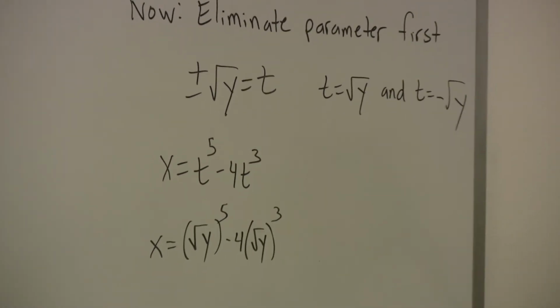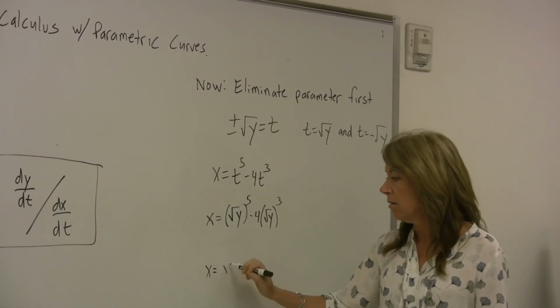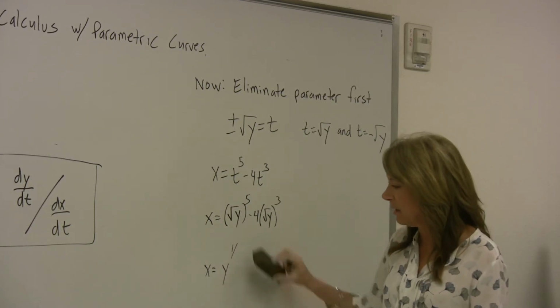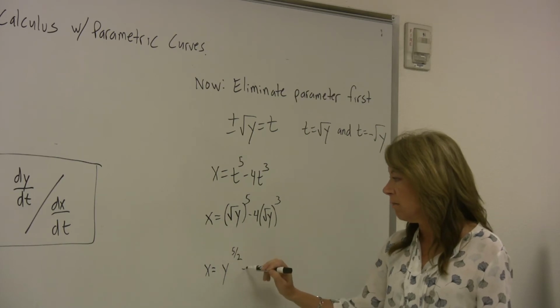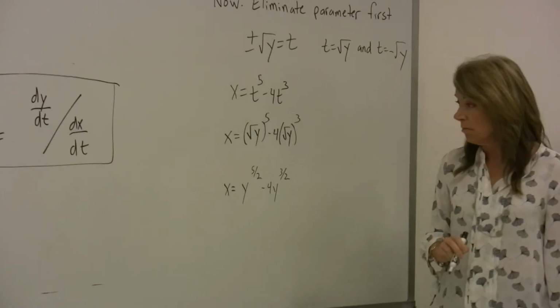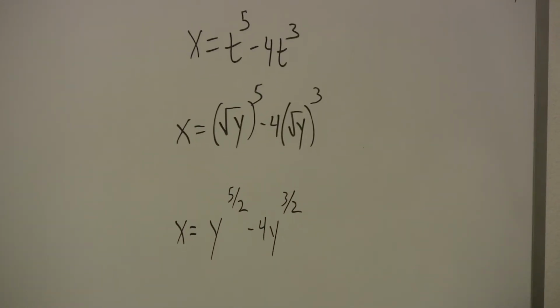Looks ugly, I agree. Just change it to a fractional exponent, it'll be prettier. y to the 5 halves minus 4y to the 3 halves. Right, because the 1/2 is the square root.